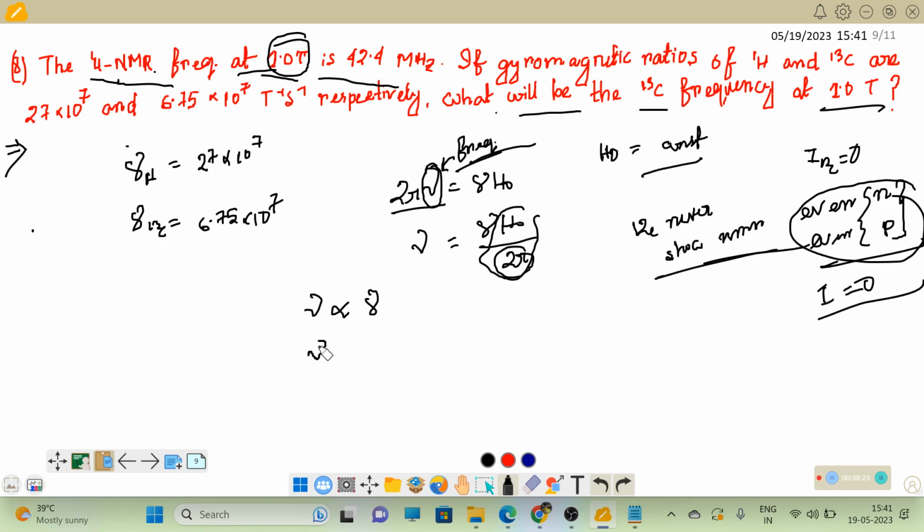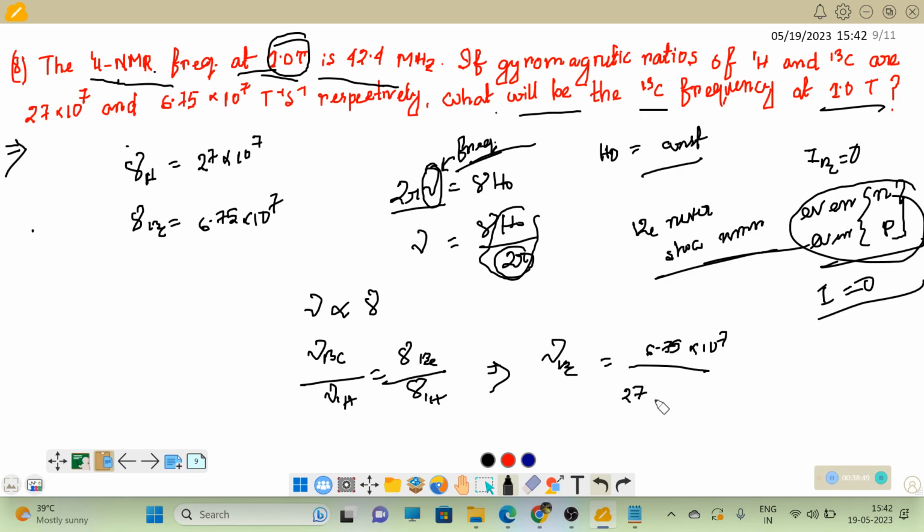So nu of 13C by nu of 1H equals gamma of 13C by gamma of 1H. Don't be confused by my handwriting. Gamma of 13C is given as 6.75 into 10 to the power 7, divided by 27 into 10 to the power 7, into the frequency given, 42.4 megahertz.